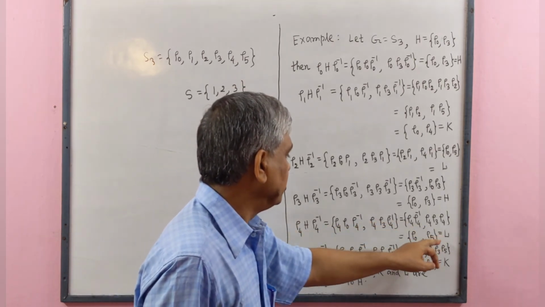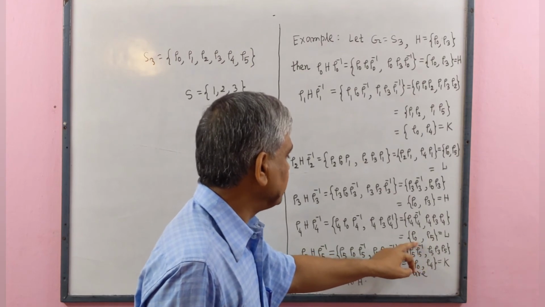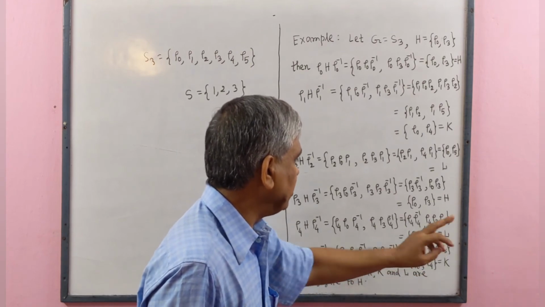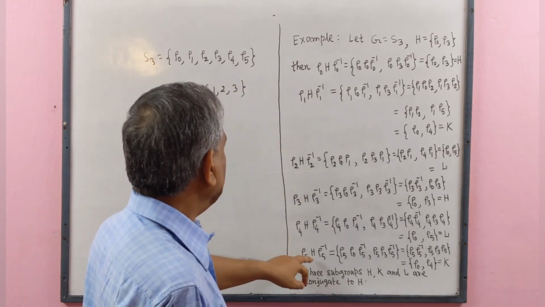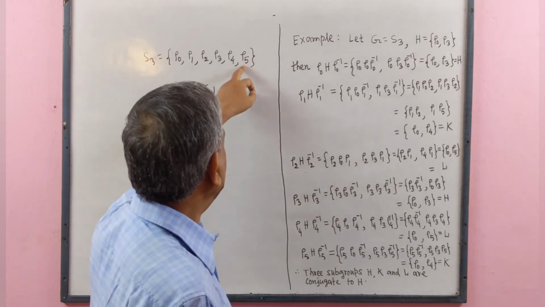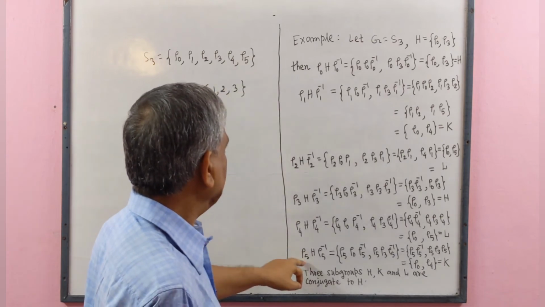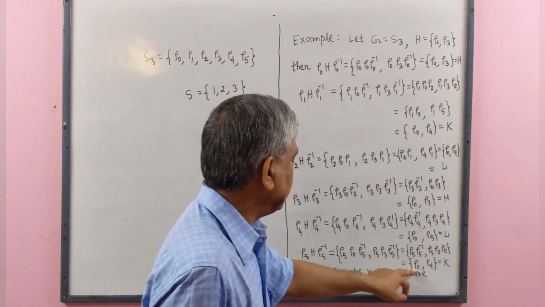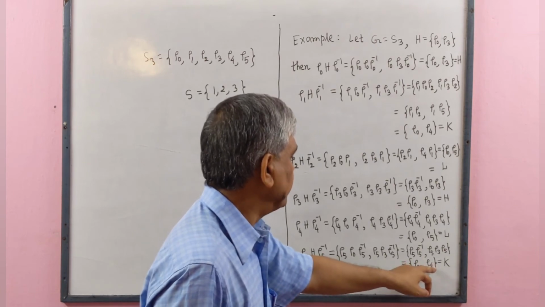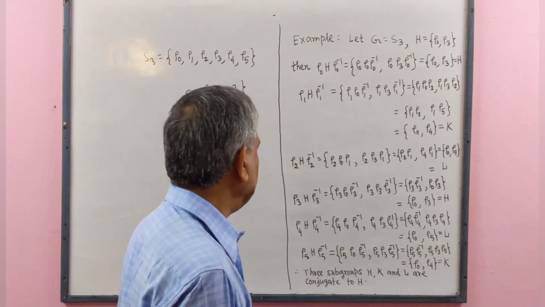This is equal to H. Similarly, the conjugate of H with respect to element ρ4 is a set containing elements ρ0 and ρ5. This is equal to L. Then the conjugate of H with respect to element ρ5 is a set containing elements ρ0 and ρ4. This is equal to K.